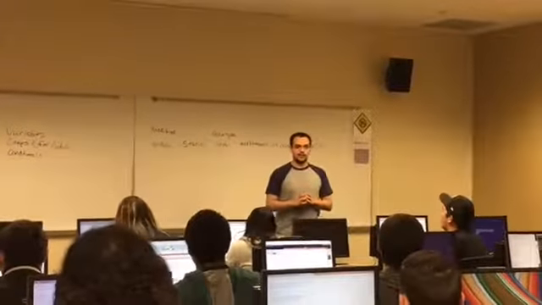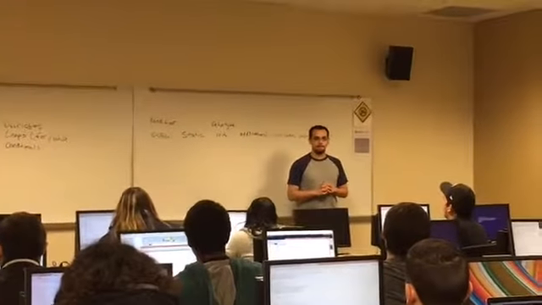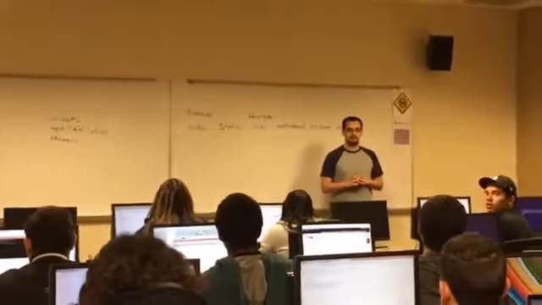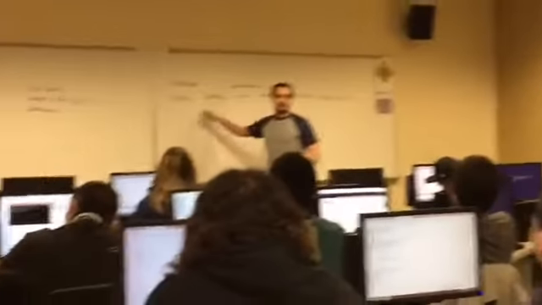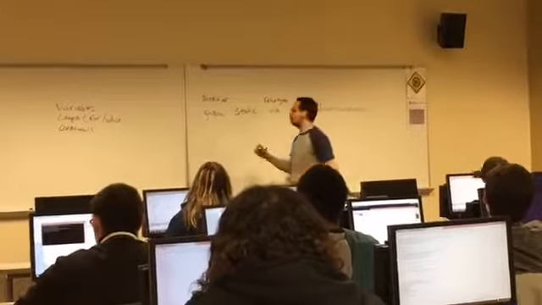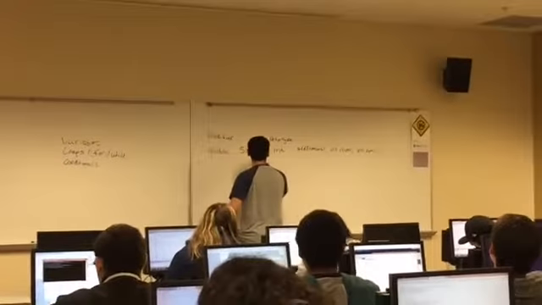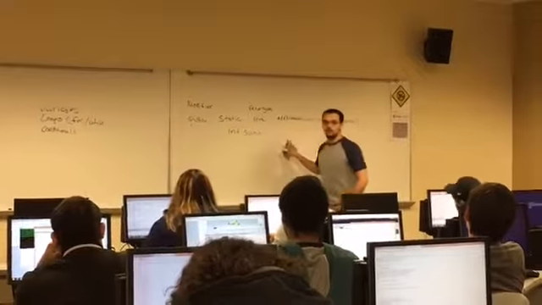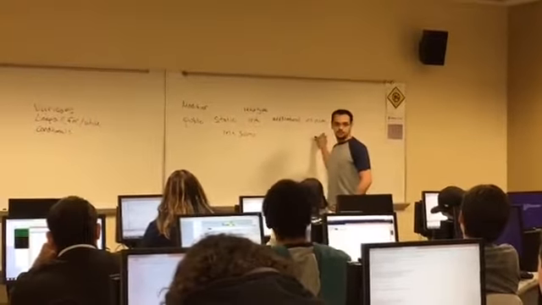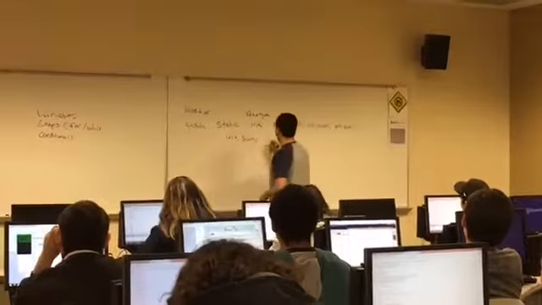Okay, so how would I write that? sum equals num1 plus num2, and then return sum. Okay, do I have to declare sum? Oh yeah, you have to declare the sum. Okay, cool. So what did I have to do? num1 plus num2? Yes. Are we okay with that?